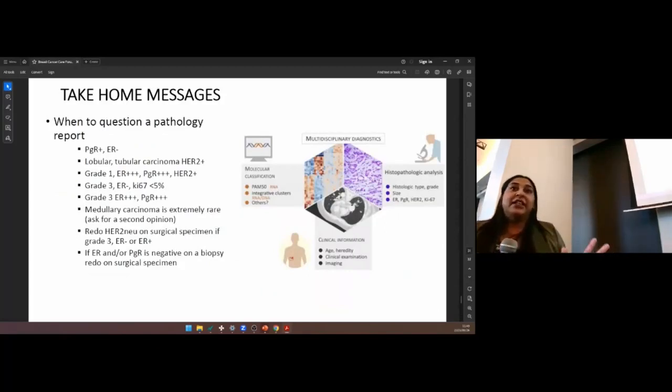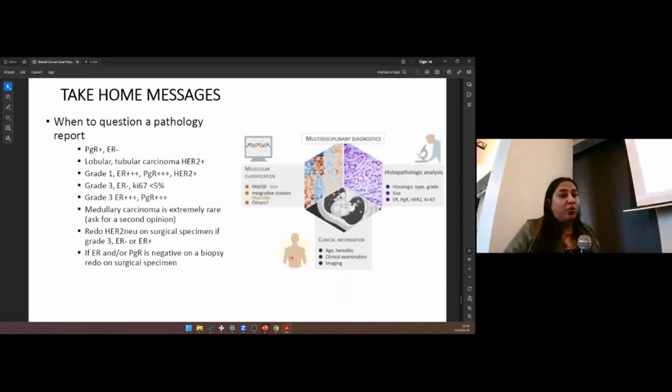So as the treating clinician, when you're reading a path report, when do you question it? Okay, so it's when your PR is positive, but your ER is negative. So then maybe just ask the pathologist, do you think the control worked? Okay, you don't have to ask that, but you could just say, do you think we should repeat the ER?